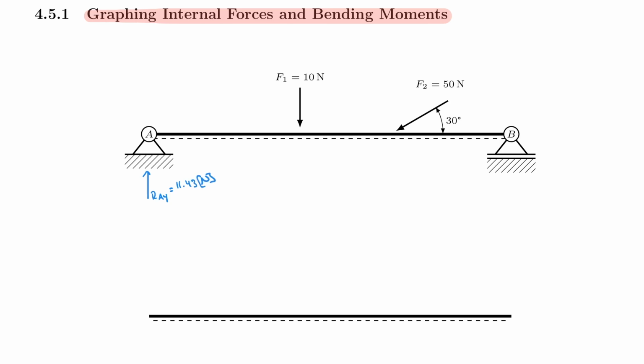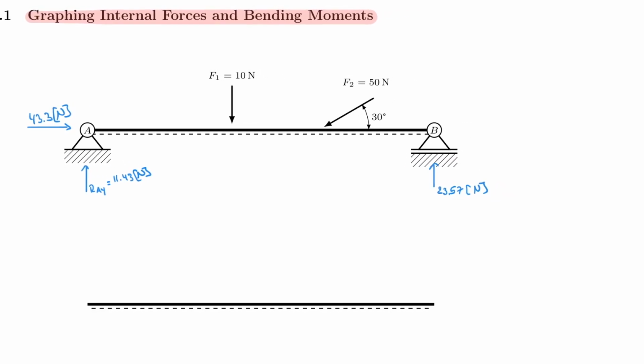We also calculated the value for the horizontal support reaction, which we determined to push to the right with 43.3 Newton. And last but not least, we have support reaction B, which was determined with 23.57, and that was also in Newton.